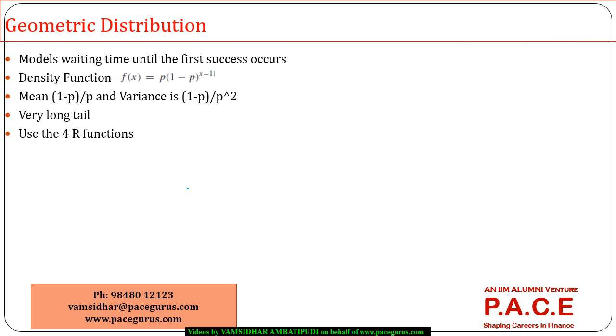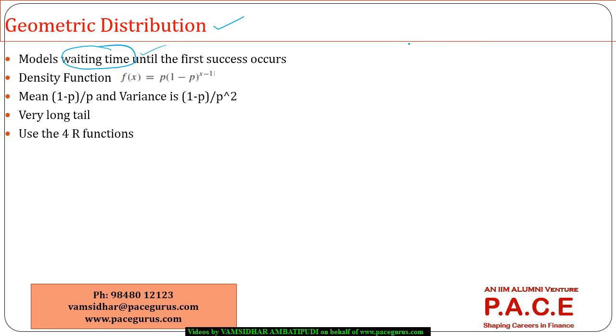Then the next distribution that we are looking at in this context is the geometric distribution. Let me tell you, the business application of the geometric distribution is that I want to understand how many trials I really need to wait to get the first success.